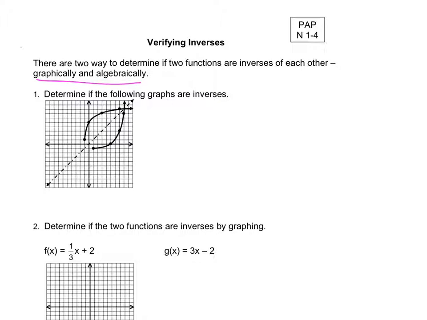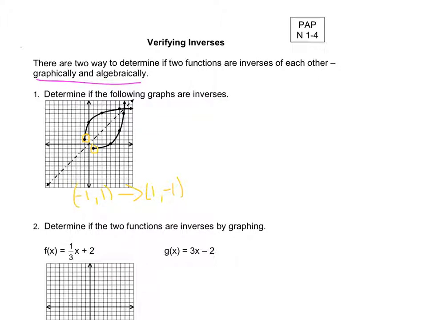Say this point here, that's -1, 1. If we were to reflect that over y equals x, that would become 1, -1. Notice 1, -1 is this point here. So that reflects. You can check the other points also.